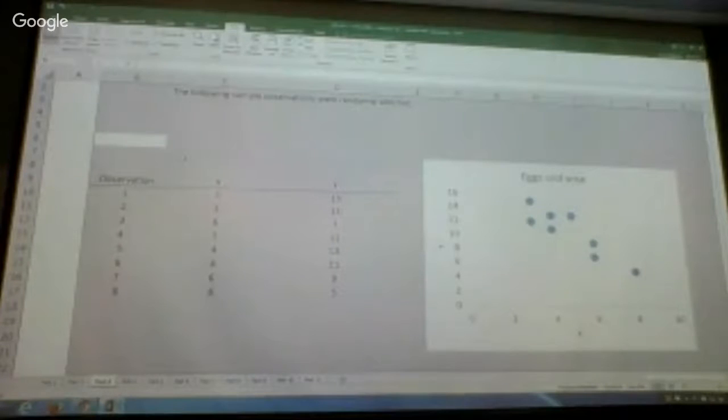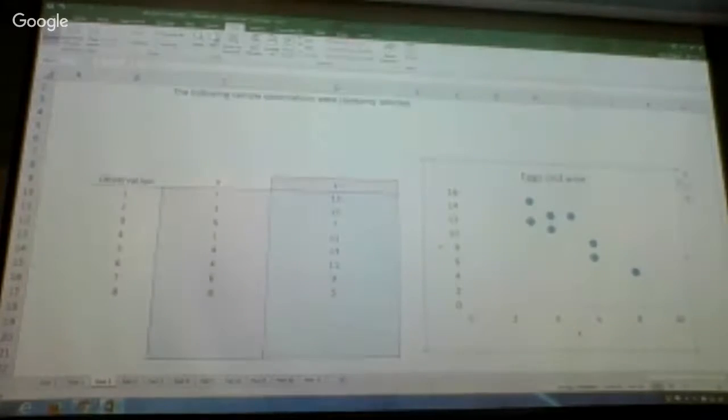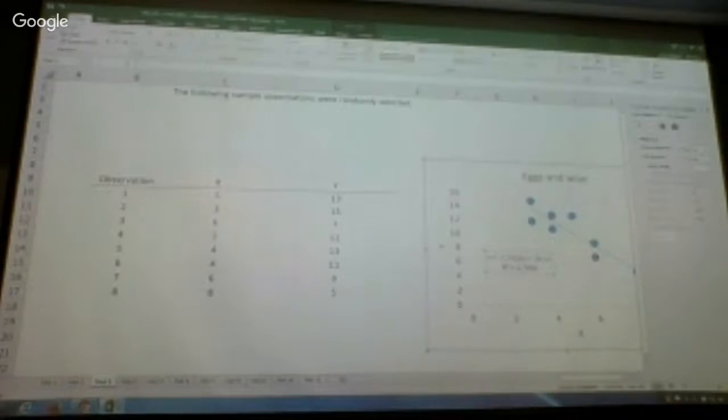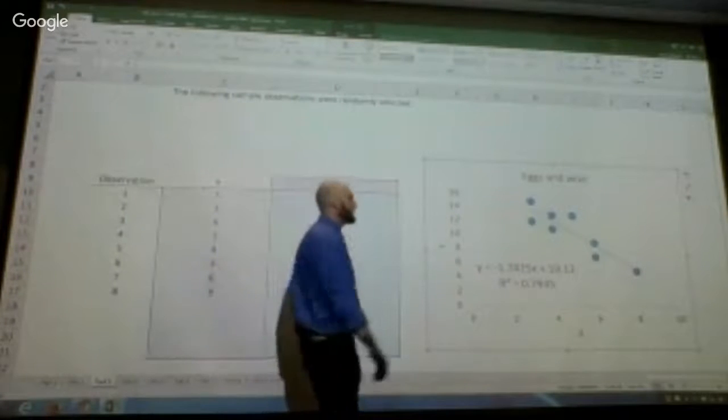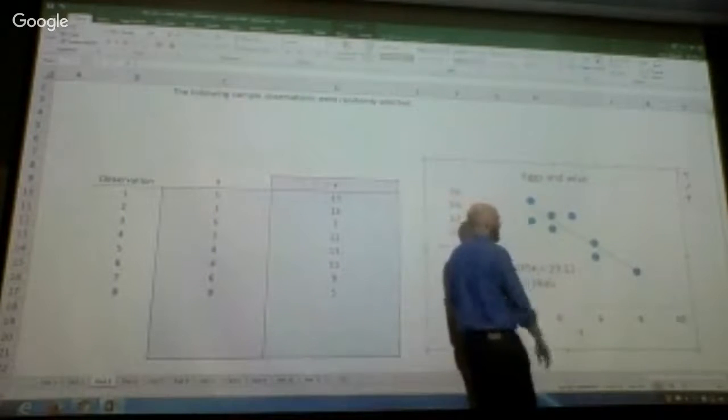Let's just go ahead and put the trend line on here and add some characteristics. So I don't know what the correlation is. The correlation would be the square root of 0.79.